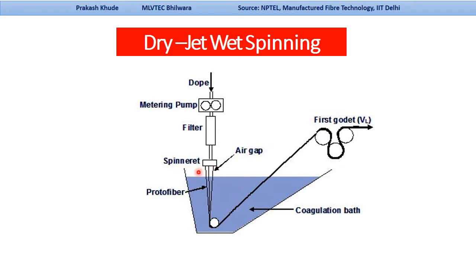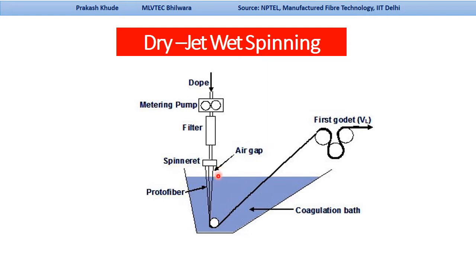There are different types of fibers which can be produced by dry jet wet spinning systems. So the basic fundamental difference between the dry jet wet spinning system and the wet spinning system is that this air gap is maintained, and that will ultimately depend on which type of fiber we are producing.